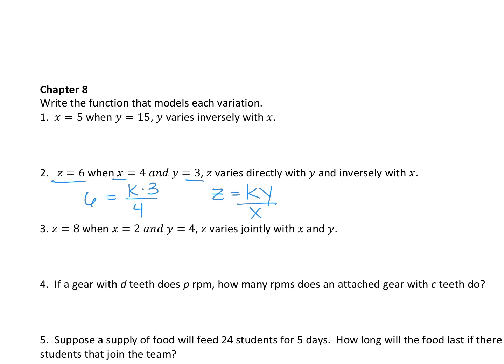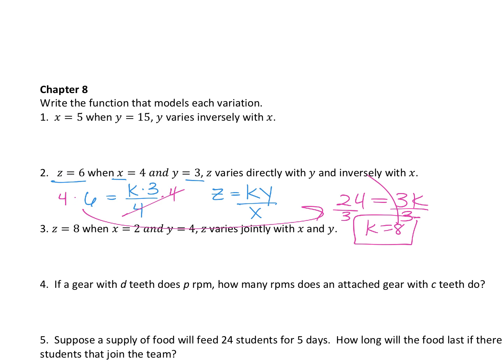From here, it's up to you how you want to solve it. You can multiply by the reciprocal, so you could multiply by 4/3 on both sides, or if you prefer to break it down, you could just multiply by 4. So you get, I'm going to come over here, 24 equals 3k, and then divide by 3. So k is 8. And then once you know what k is, your answer plugs it in right here.